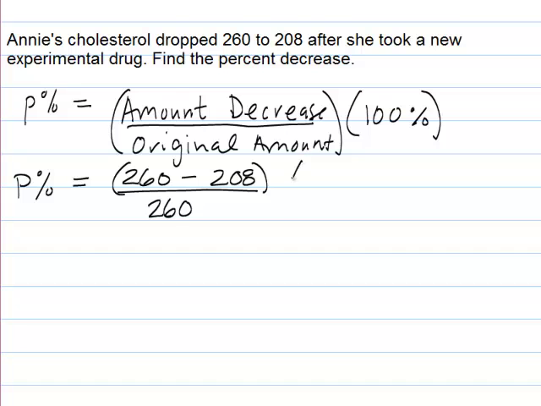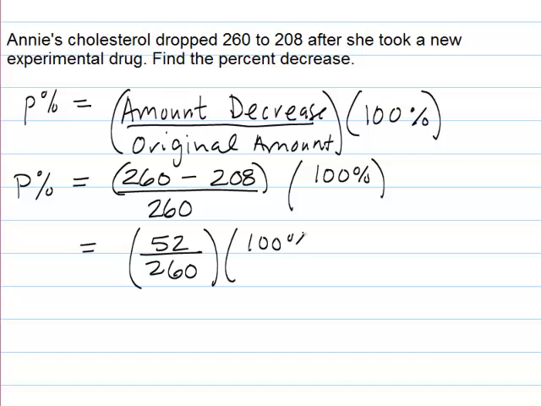And all of that we're going to have to multiply by 100% to get this in a percent rate amount. So we have 260 minus 208 would give us 52. 52 over 260 multiplied by 100%.